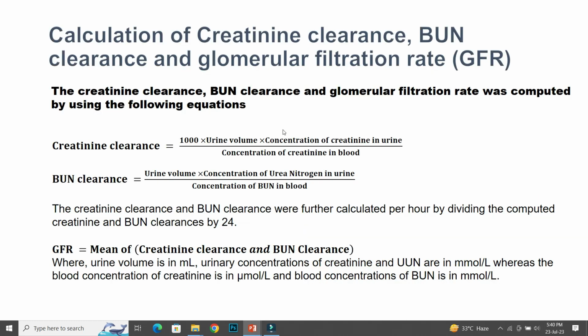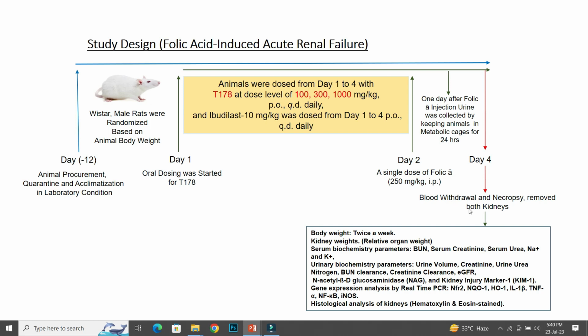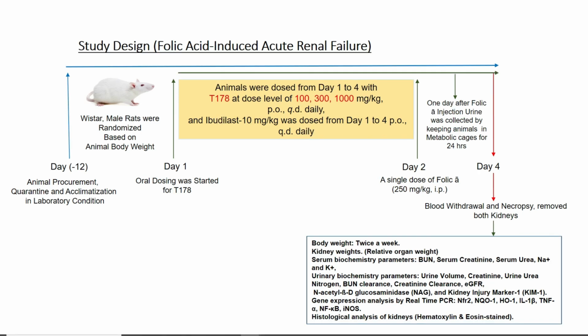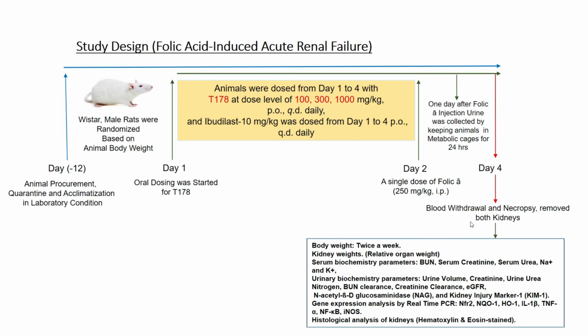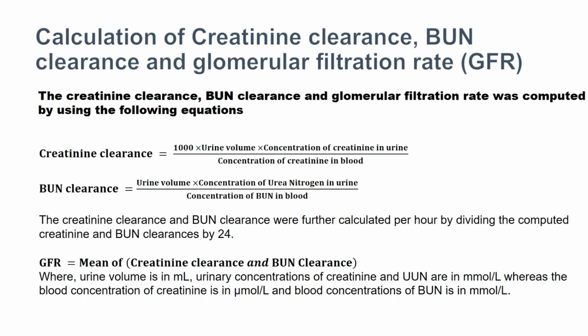We have to cut one kidney in the transverse section and divide it into 3 pieces. One piece we will use for gene expression, one piece for histopathology, and one we will keep for other parameters if anything is needed in future.